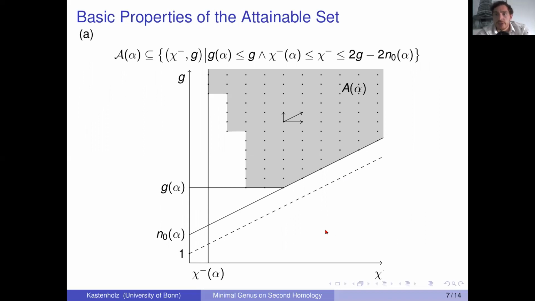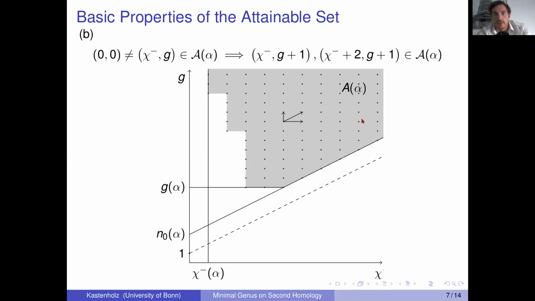While, for example, for the fundamental class of the 2-sphere, it would just be 0, because then we can just represent it by a sphere, so there's no need for a non-sphere connected component. So what does this condition here actually mean? It just means that the attainable set is contained in this cone here, cut off by this genus minimal line.